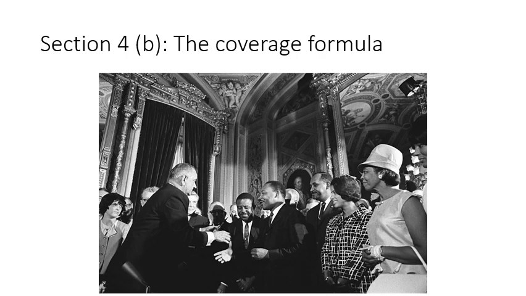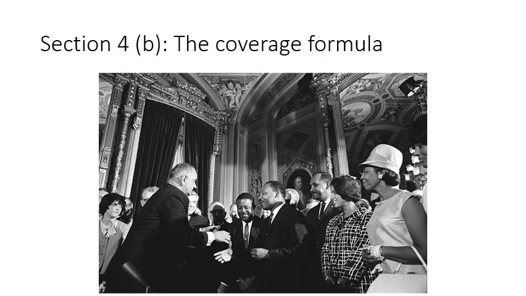The coverage formula decides which states and which political entities have to get pre-clearance and which don't. Because not all states have to do it. New York, for example, never had to get pre-clearance. They can change their voting laws and they don't have to go to the Attorney General first. Now, they're not allowed to discriminate against people, but they don't have to get pre-clearance.